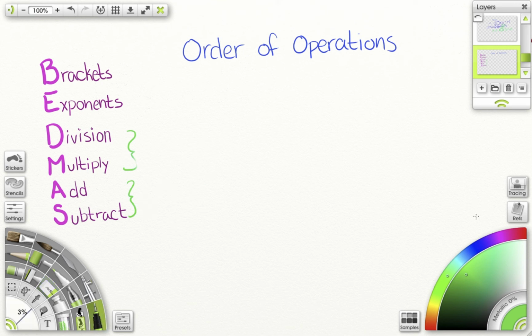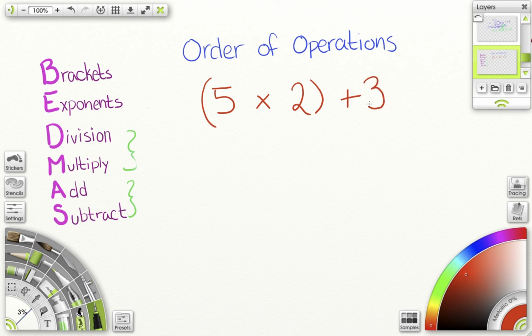If I give you a problem, we're going to do a simple one for our first problem: 5 times (2 plus 3).